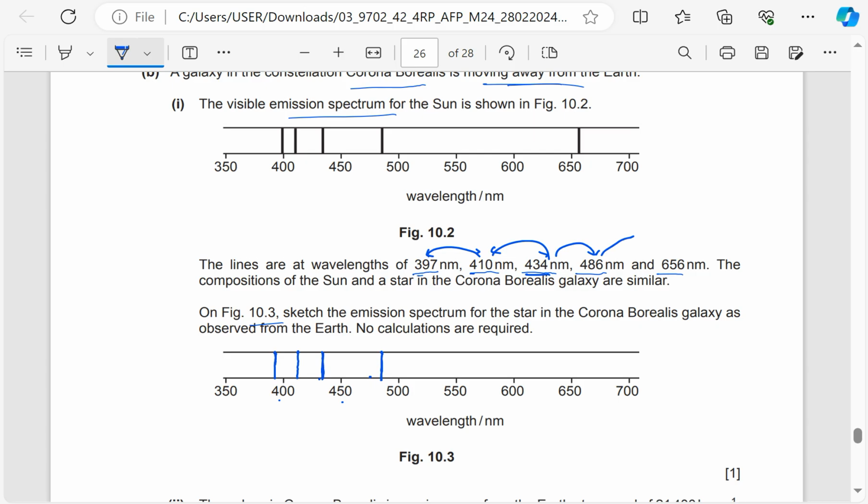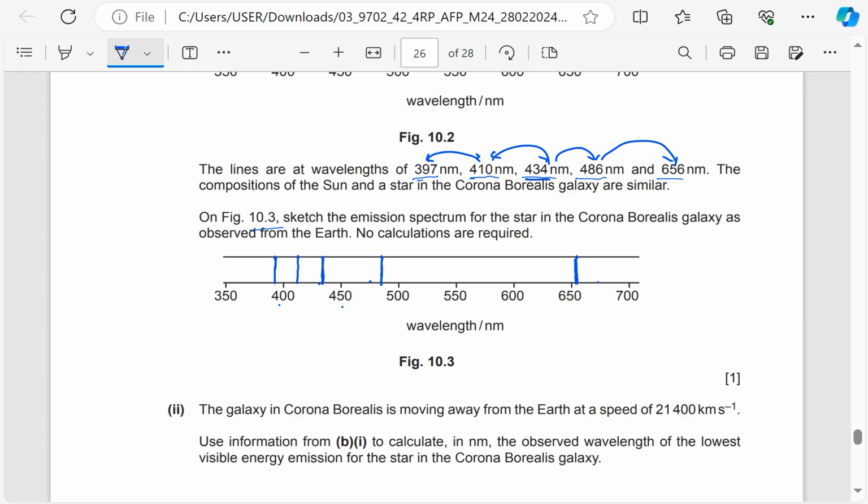Then the next is 656. Of course, the center is 675, so 656 could be very close here. Okay, so of course the separation of the lines is increasing.